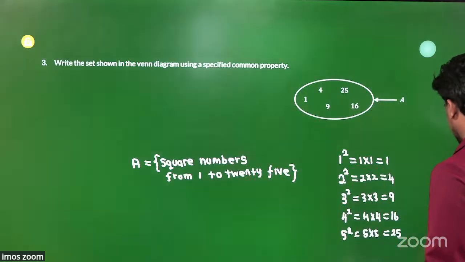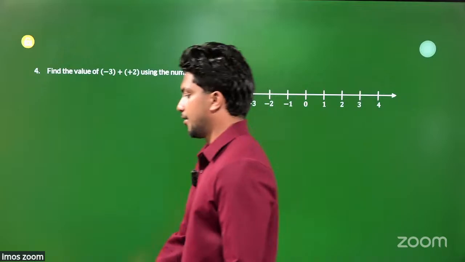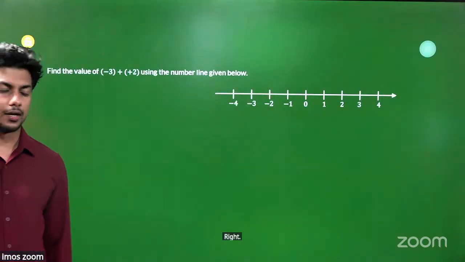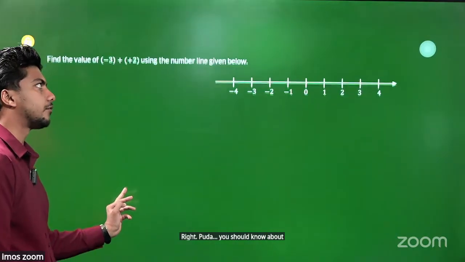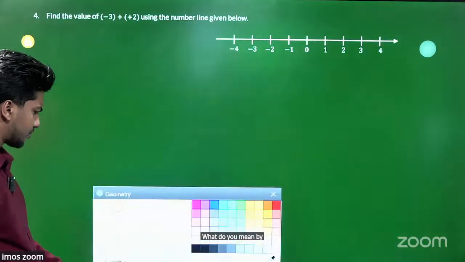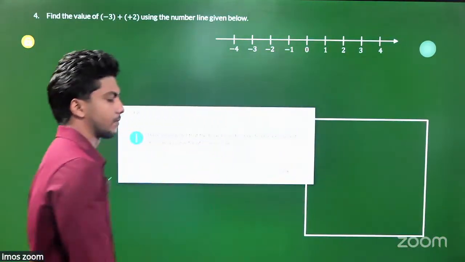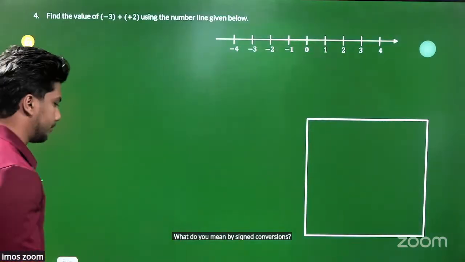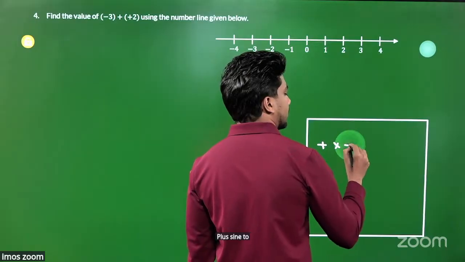Okay, let's go to the next question. Right, son, you should know about the rules of sign conversions. What do you mean by sign conversions? Plus into plus, it is plus.